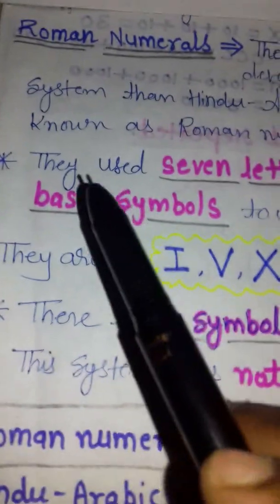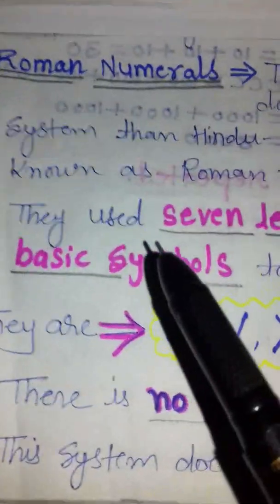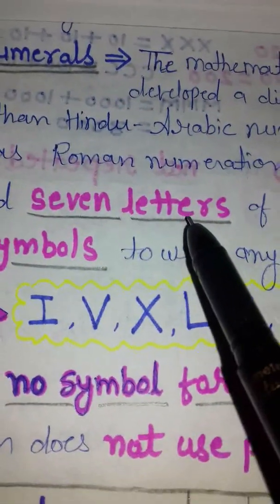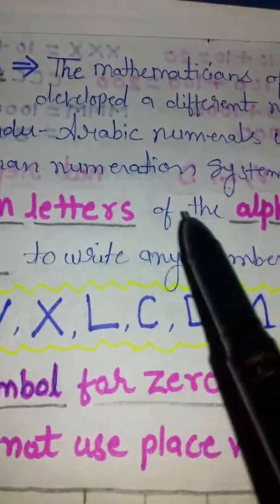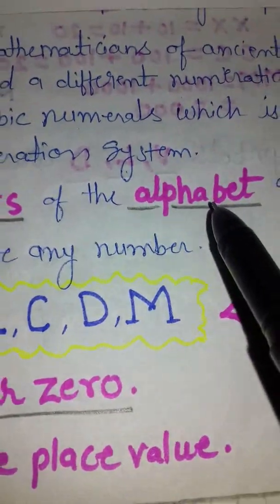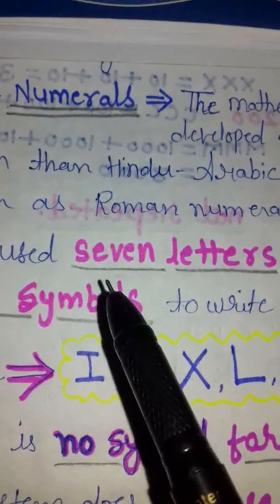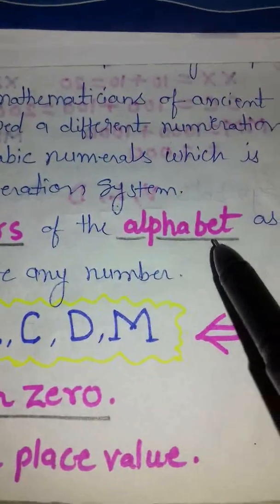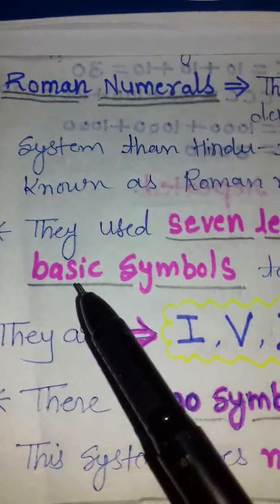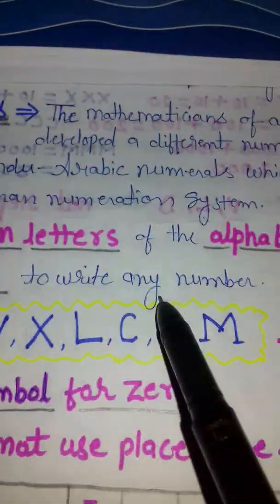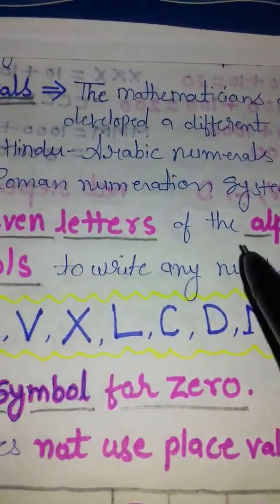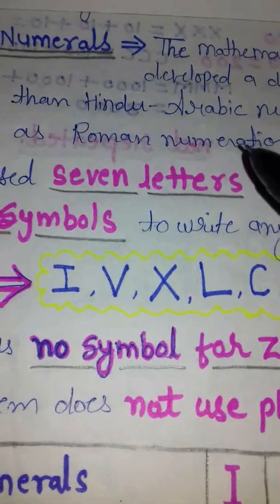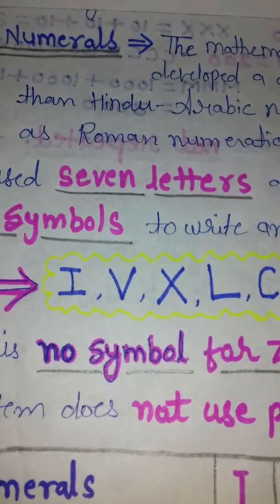So students, what is the difference? The difference is that they used 7 letters of the alphabet. The Romans used 7 letters of the alphabet as the basic symbols to write any number. So this is the basic difference. They are not using numerals like 0, 1, 2, 3 and so on.